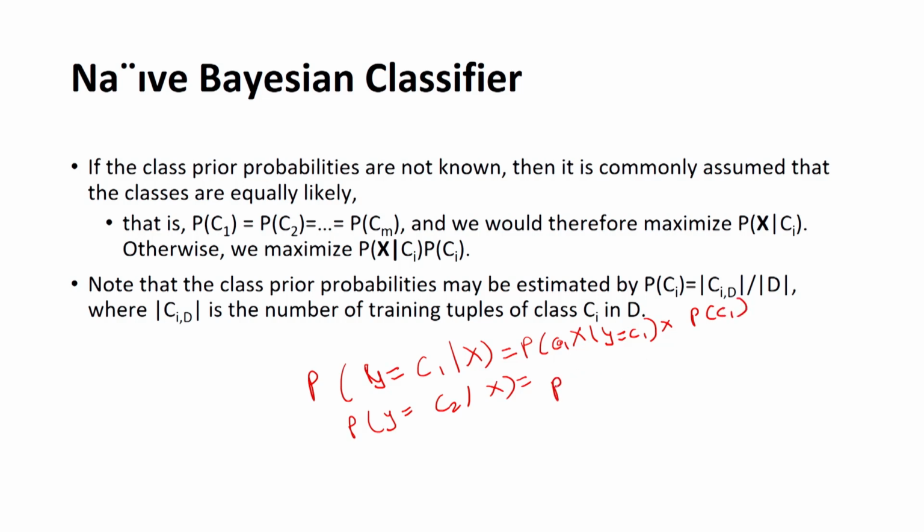This we will calculate as probability of X given Y is equal to C2 into probability of C2.